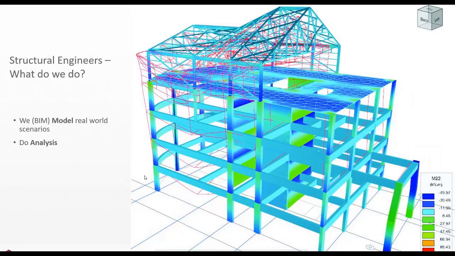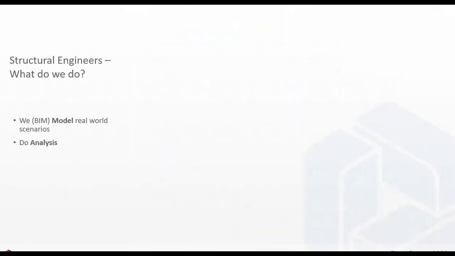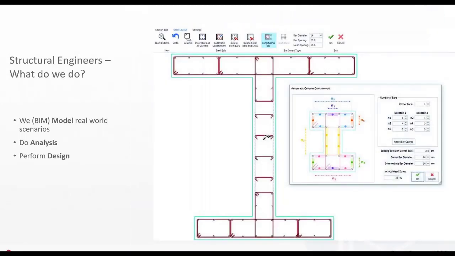Then we do the analysis, finite element analysis of the structure. Then we perform design according to the codes of practice. As you know, structural engineering practice is quite fragmented. So in every country, while we conduct our engineering business, we have to comply with different codes of practice. So that's one challenge that we are facing as engineers.